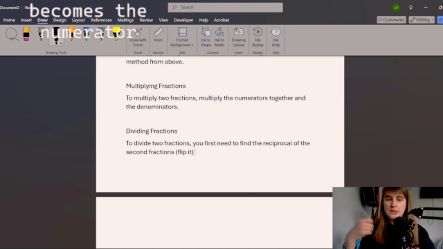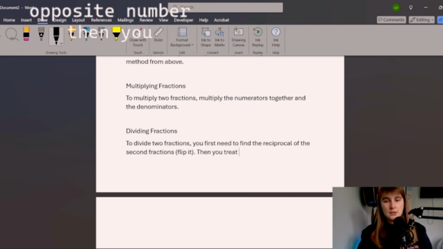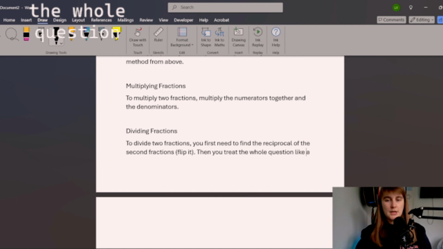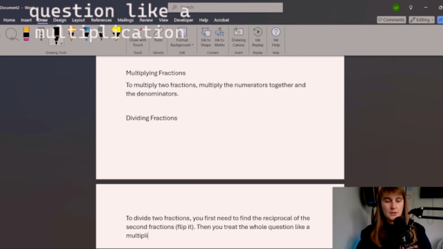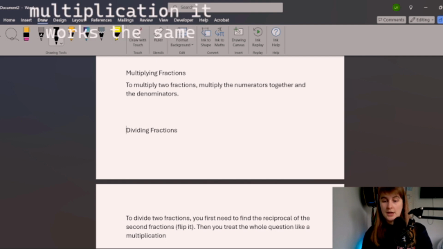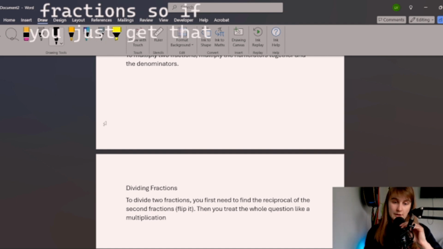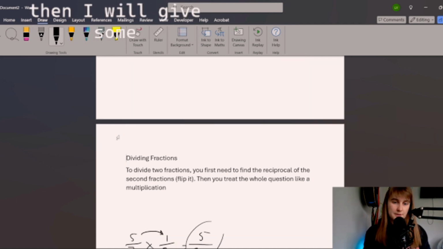It's kind of the opposite number. Then you treat the whole question like a multiplication. So once you've treated it like a multiplication, it works the same as multiplying fractions. So if you just get that copied down, and then I will give some examples of that.